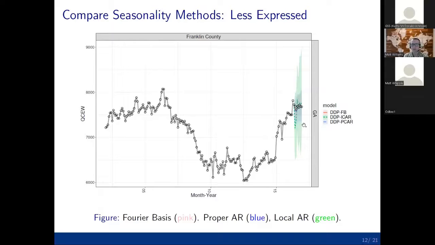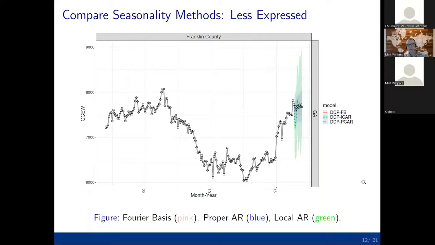We compare 3 different models. The legend is at the bottom here. The Fourier basis with this dependent clustering is the red or the pink, and it does a really good job. You can't really see the difference there. It also has uncertainty intervals associated with it. Now we compare the 2 different seasonal smoothers I talked about, the blue and the green.